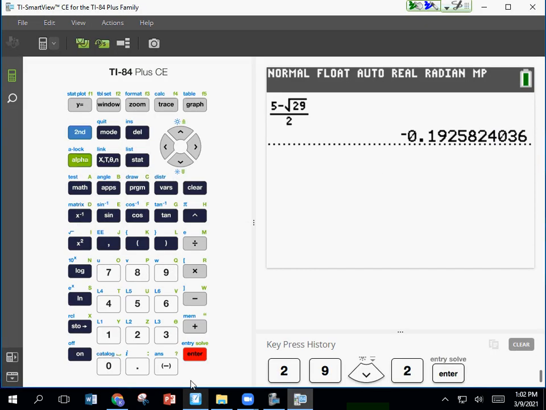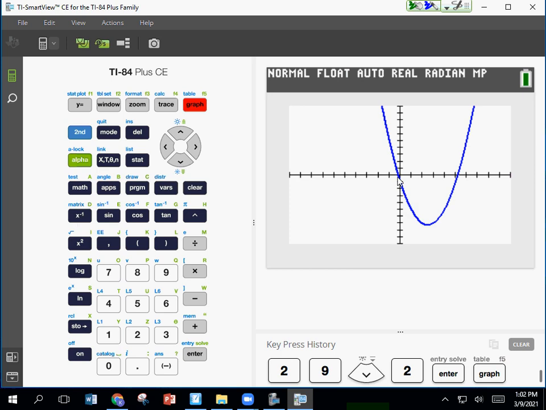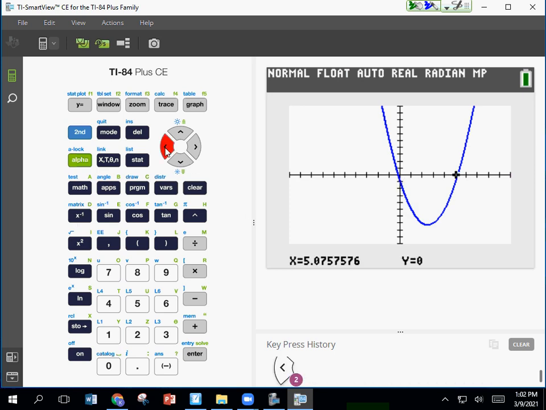Well, let's go back to the graph real quick, make sure I don't teach you wrong. Let's check both answers. So 5.227 or negative 0.15.